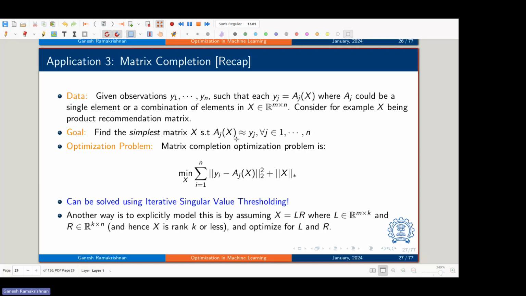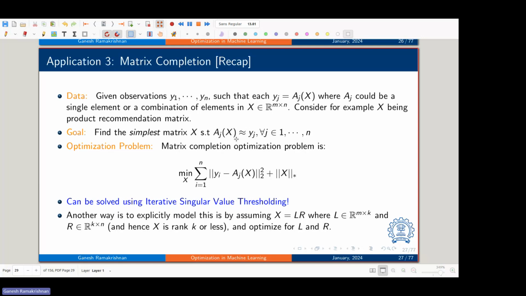But there's another part two, which says, well, what if I take my x to be L times R? And let's say L is an m cross k matrix, and R is a k cross n matrix. By design, what will be the rank of x?